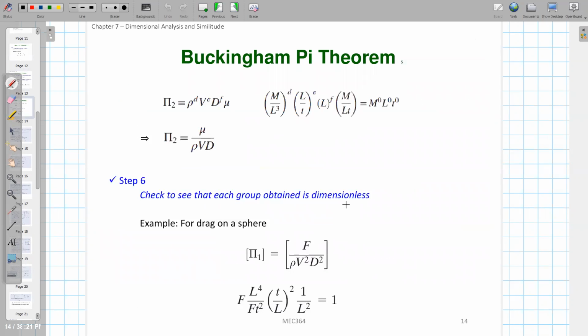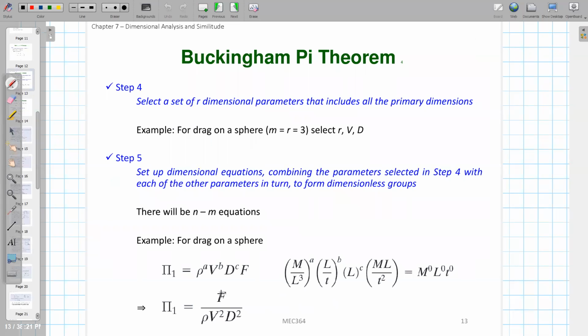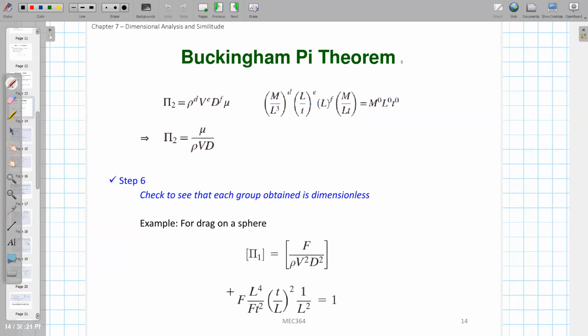At the end, we show that it reduces to two parameters. Basically, the non-dimensional drag, F over rho v squared d squared, where d is the diameter, will be just a function of Reynolds number.